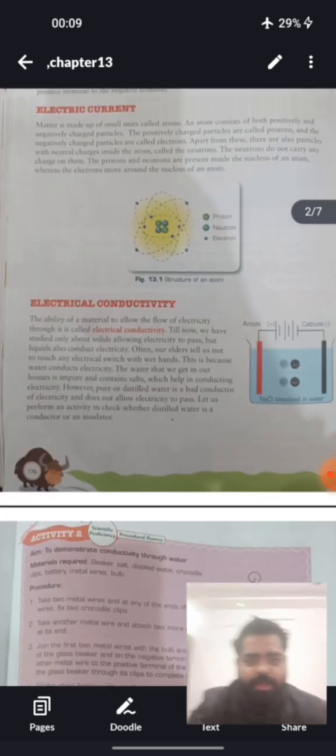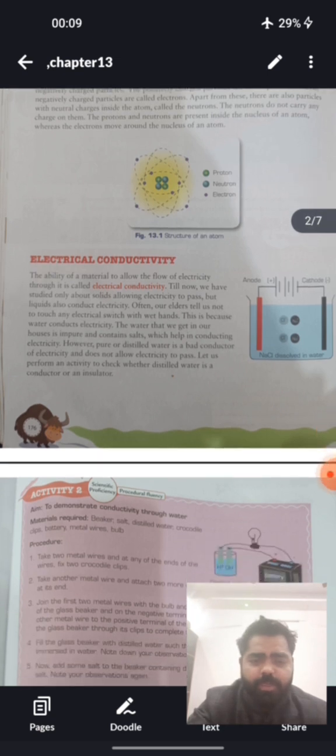Now as far as electrical conductivity is concerned, we all have studied these properties. Something that allows heat and current to flow from one point to another, or to pass through them, is called a conductor. So conductivity can be defined in terms of electricity or in terms of heat also.